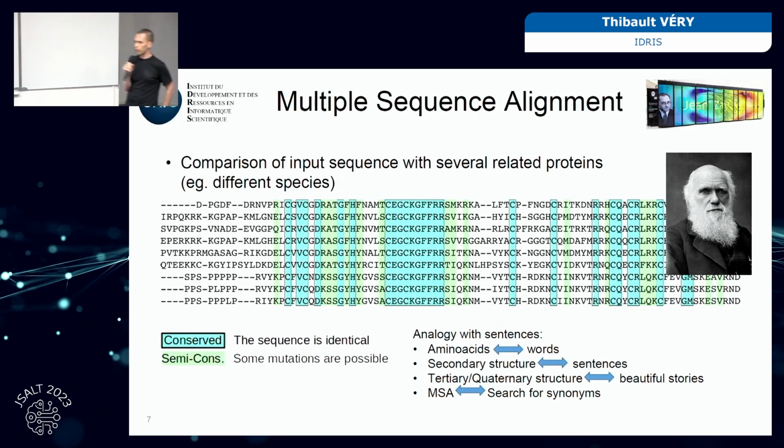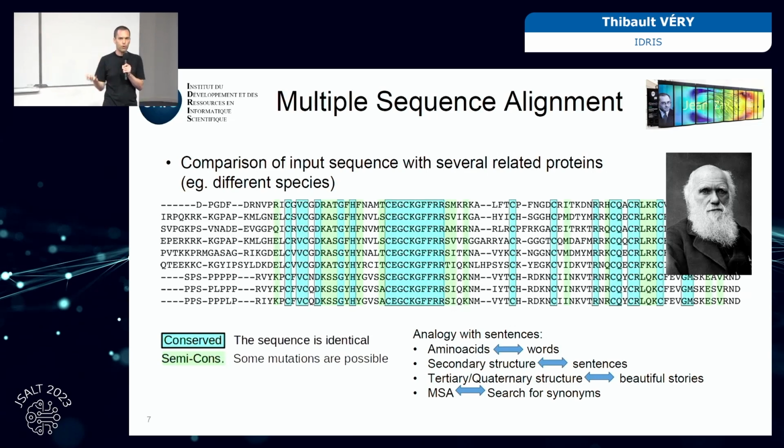It's called evolution, and Darwin is helping us a lot here, because if you take several species, like, I don't know, a fish or a cat, some proteins have the same function. Because of evolution, we have a common ancestor, and the proteins diverged. It means that we have several sequences of proteins that have the same function but a different sequence.